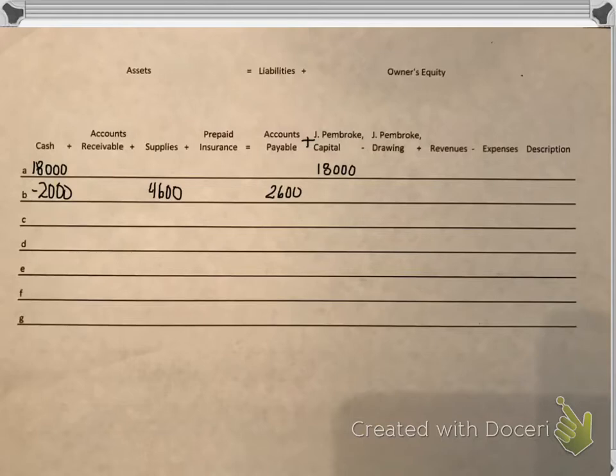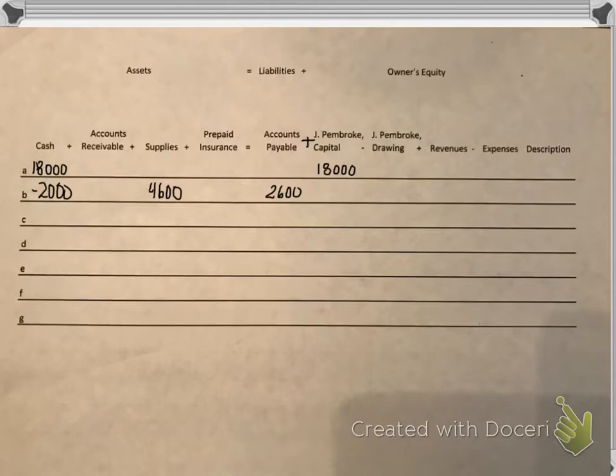Now, on your calculator, in your head, however, it's always good just to double check and make sure that the accounting equation remains in balance after each transaction. Does assets equal liabilities plus owner's equity?